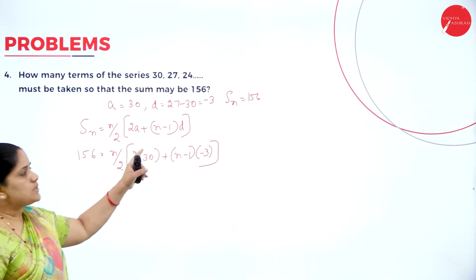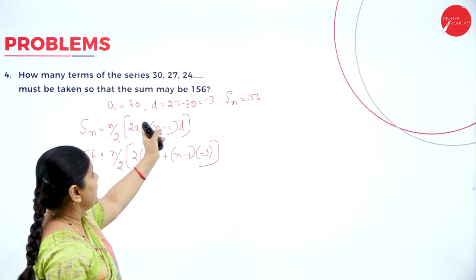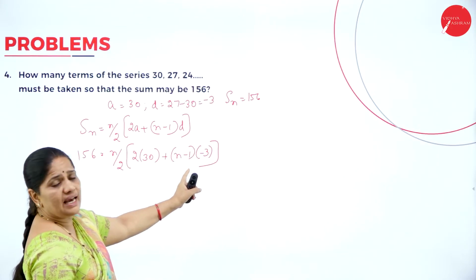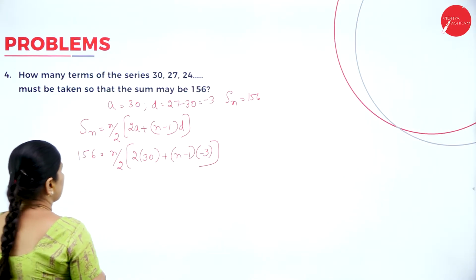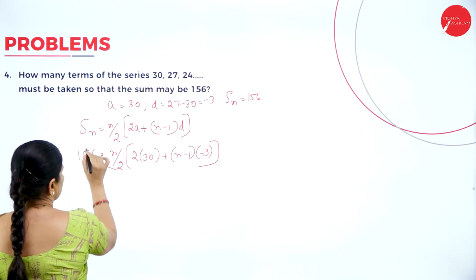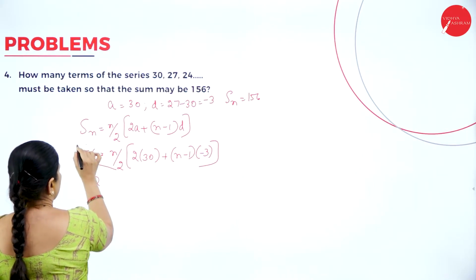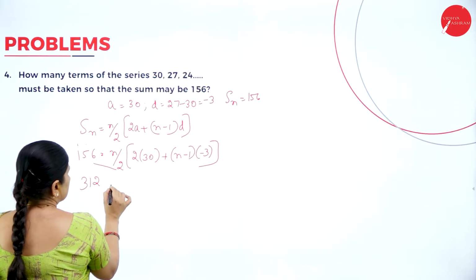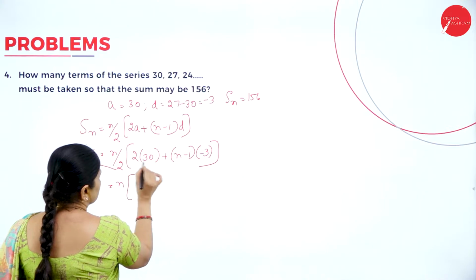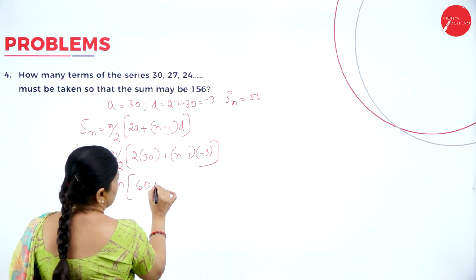I have just substituted the values of A and D, and I have written it as it is. Okay, so 156 into 2 is 312 equals n into 60.